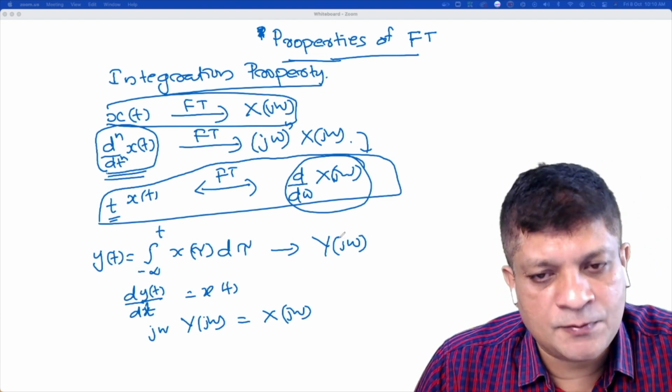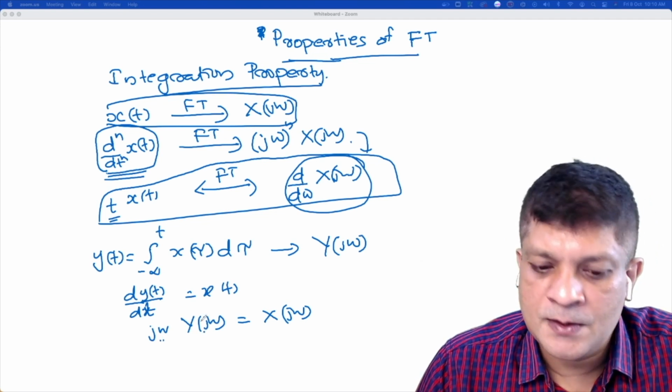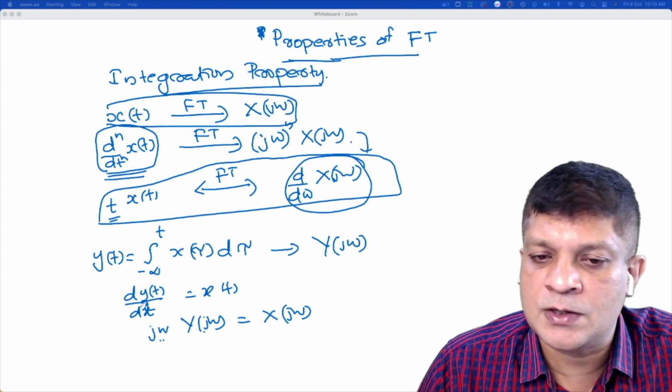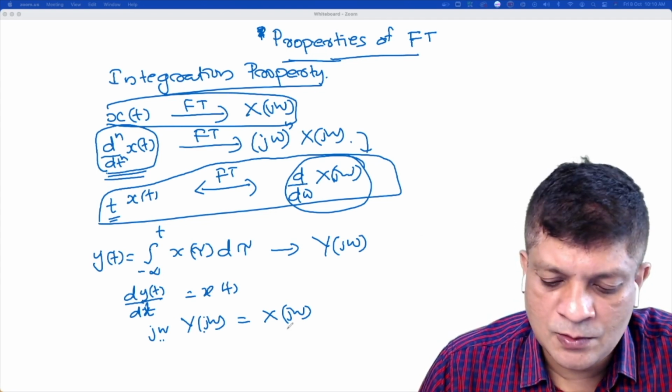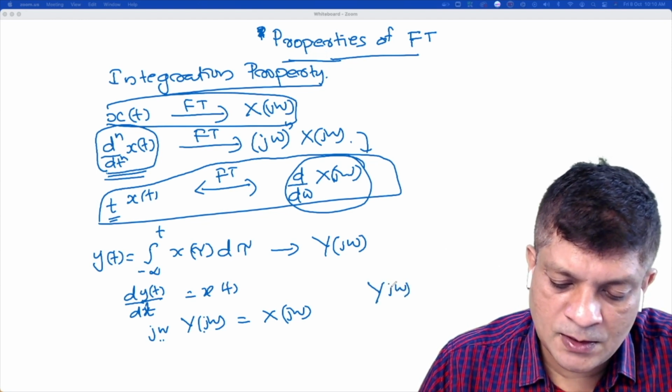Now if we apply the differentiation property, we can write jω times Y(jω), that is the Fourier transform of the derivative of y(t), equal to X(jω). So can we write like this? Is there any problem in writing this?